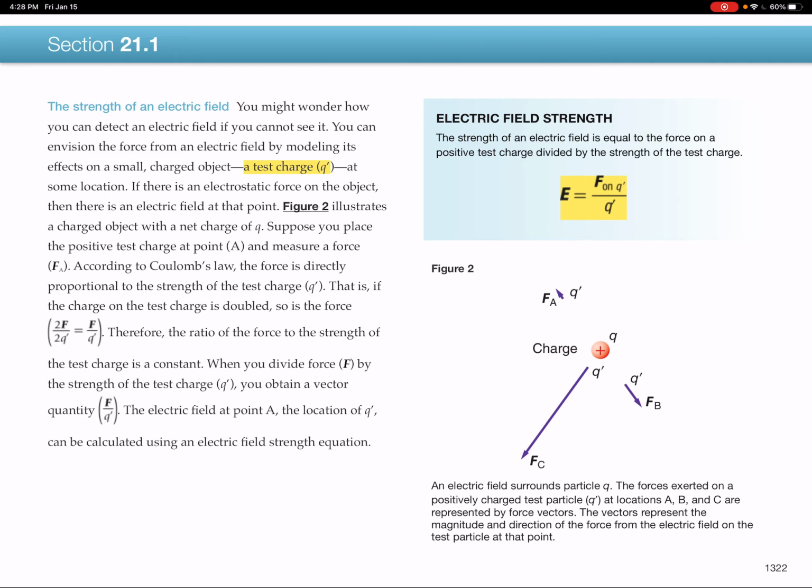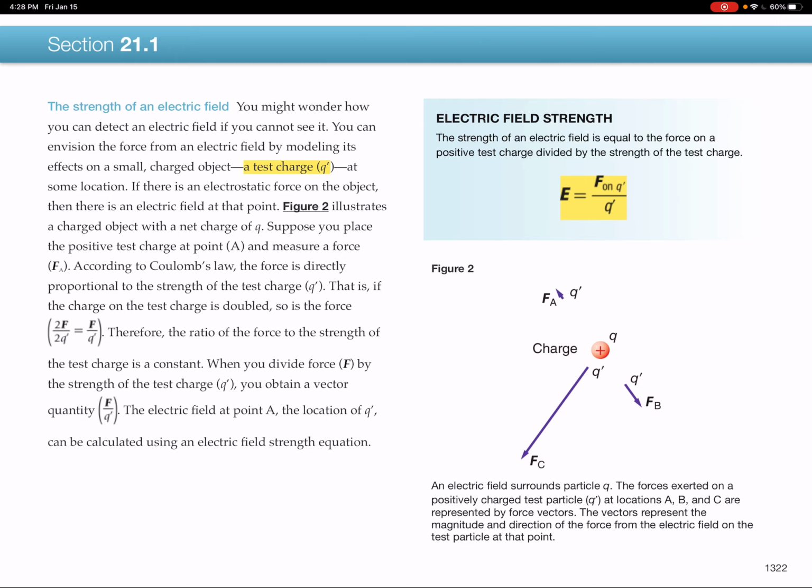By measuring the force on this test charge, we can find something that is called the electric field. The strength of an electric field is equal to the force on the charge divided by the amount of the test charge itself. This is the definition of electric field. It is measured in units of newtons per coulomb, for force per charge.